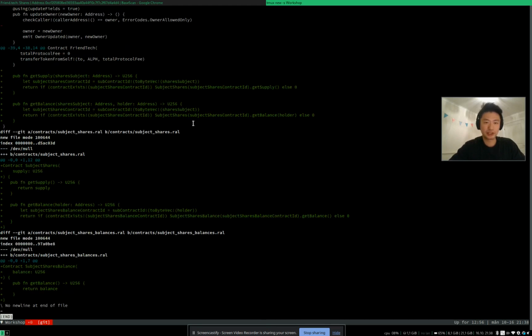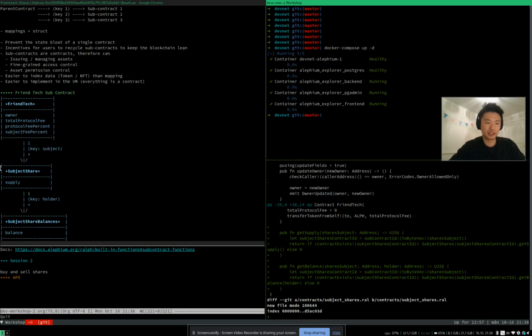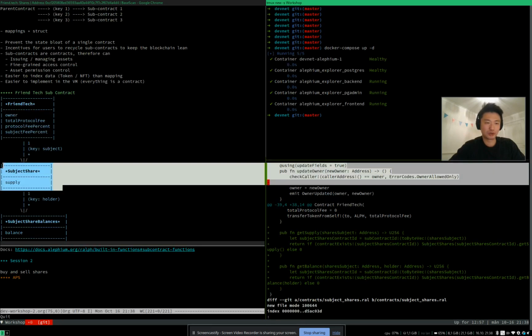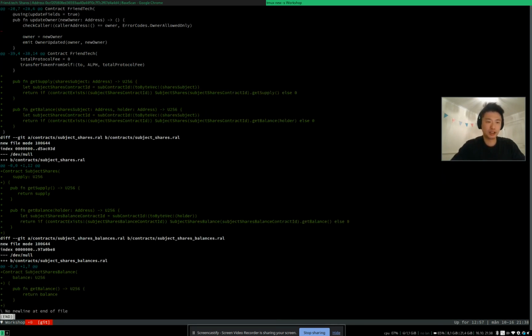If it does, then we will just call the get balance function we implemented here. Otherwise, it just returns 0, since we don't even have this subcontract. And of course, no holder would hold any share for this because the total supply is 0. Yeah, this is basically how we keep track of the balance.